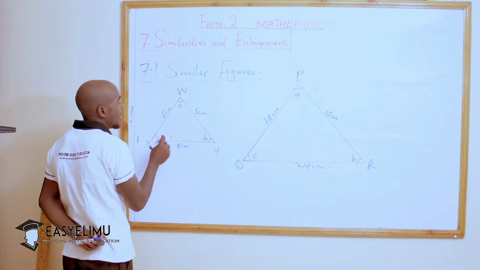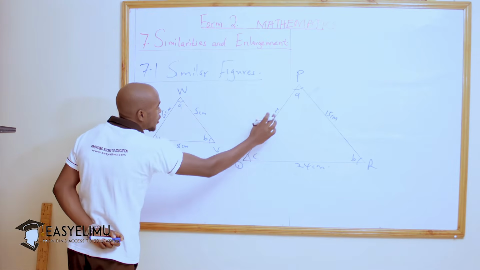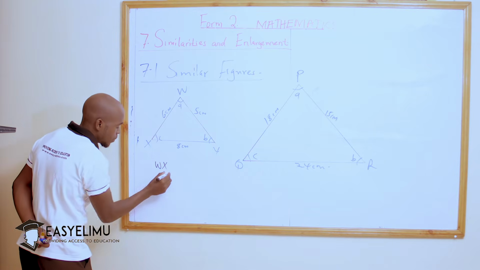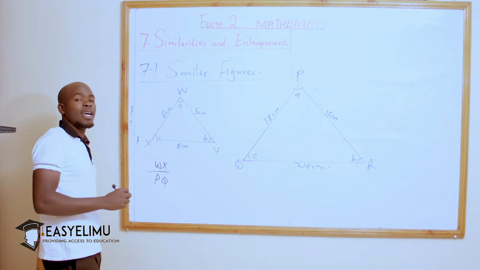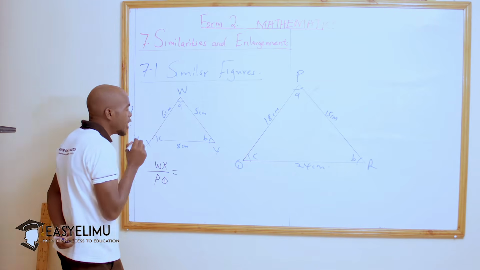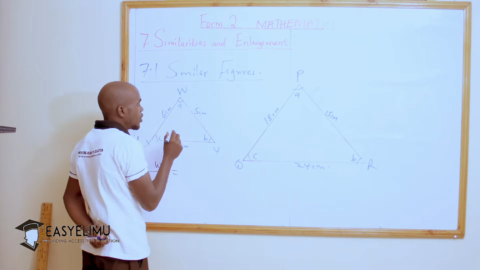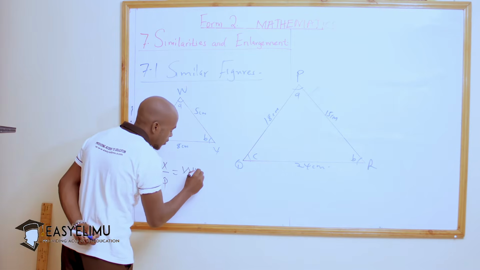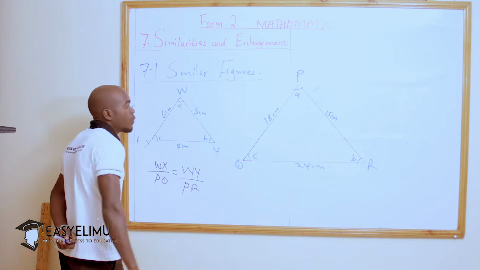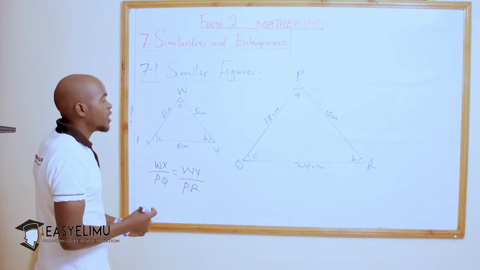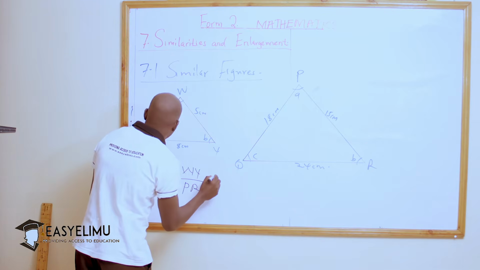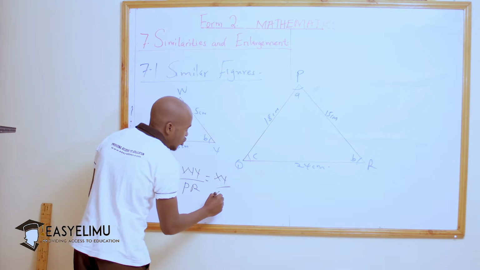We take WX over PQ, because that is the corresponding side, and we should find it is constant. If we take WY and the corresponding side of the other triangle, PR, we should get the same thing. The same should apply to XY over QR.